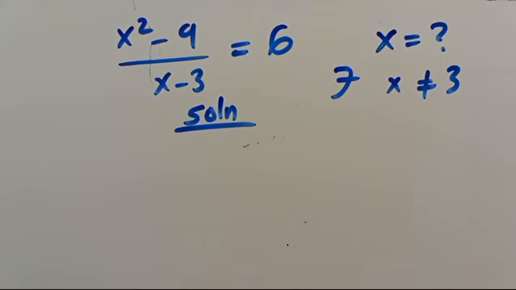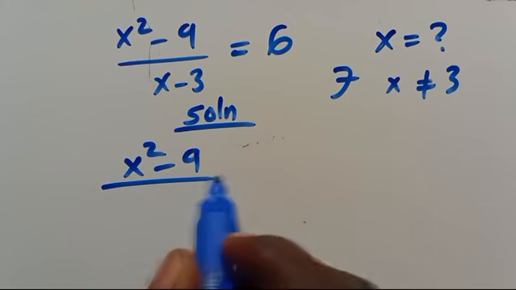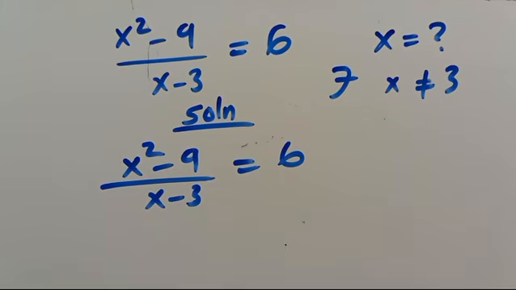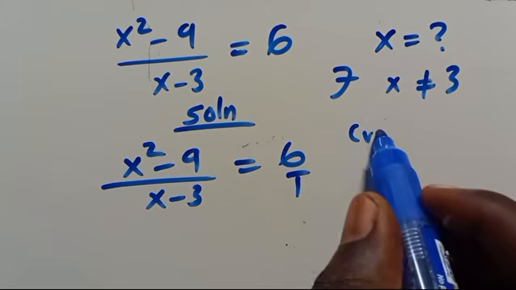The first method is to have it as (x squared minus 9) over (x minus 3) equals 6. When this 6 is divided by 1, then let us cross multiply.